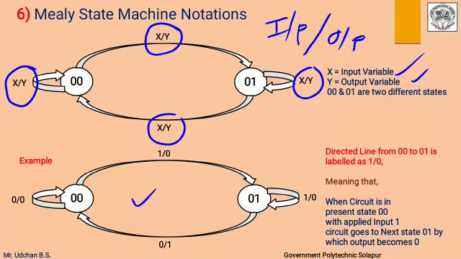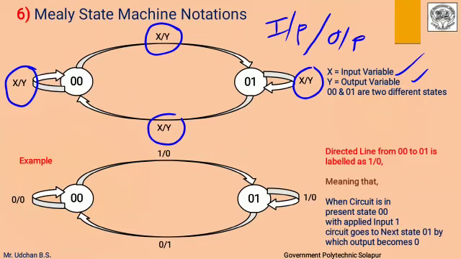Suppose we observe a directed line from 00 to 01 labeled 1/0 over here, which means that when the circuit is in present state 00 with applied input 1, the circuit goes to the next state 01, by which the output of the Mealy state machine becomes 0.